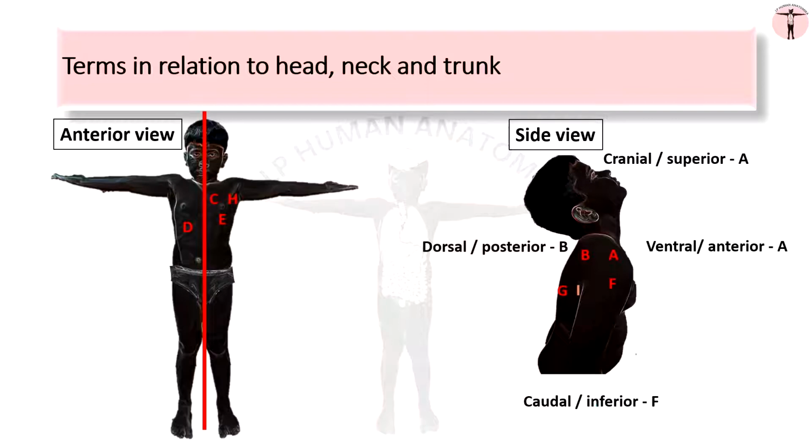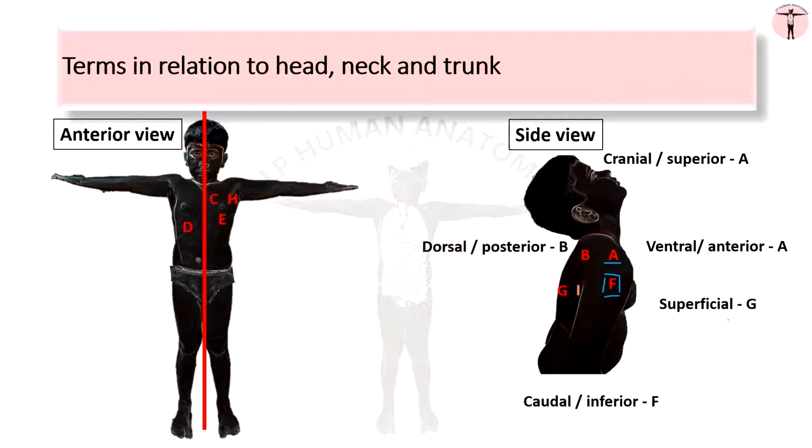Here, to take the example of A and F, A is cranial or superior to F, and F is inferior to A or caudal to A. The same way, B and G: B is cranial, G is inferior or caudal.